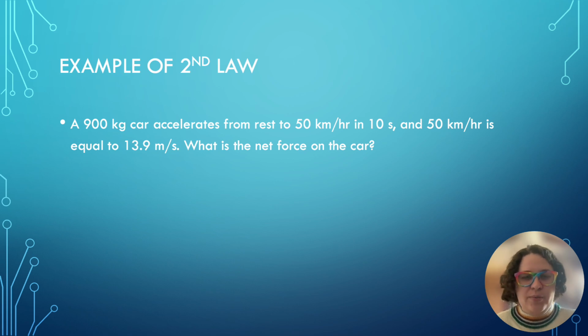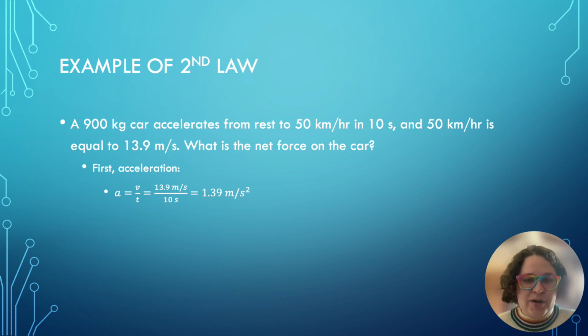So in this problem, we have our mass, we have our change in velocity, and we have our change in time. What we don't have is the acceleration to find our force. So first we need to find the acceleration. And to do that, remember, it's the change in velocity over the change in time. So we're going from 0 to 13.9 meters per second in 10 seconds.